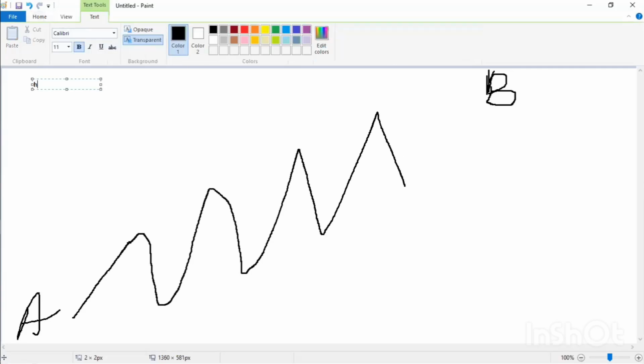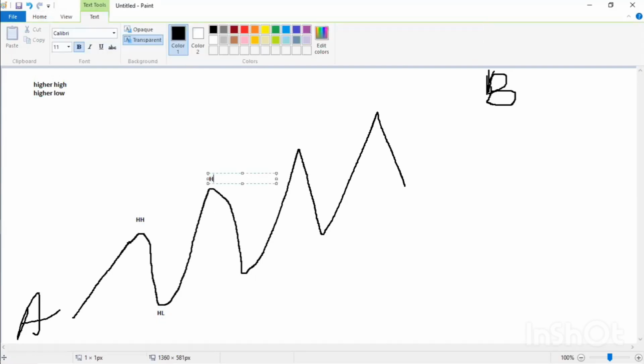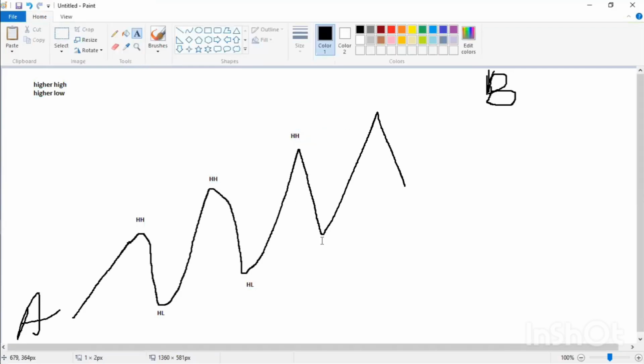So that's a higher high and a higher low. That's why we usually use the abbreviation HH, higher high, higher low, higher high, higher low.